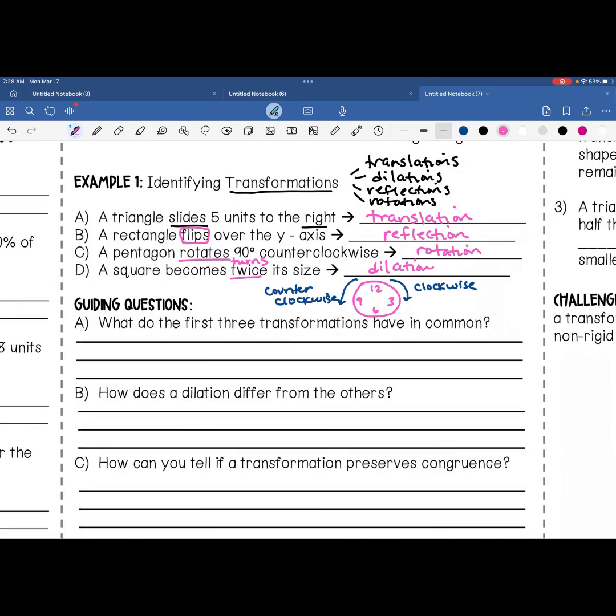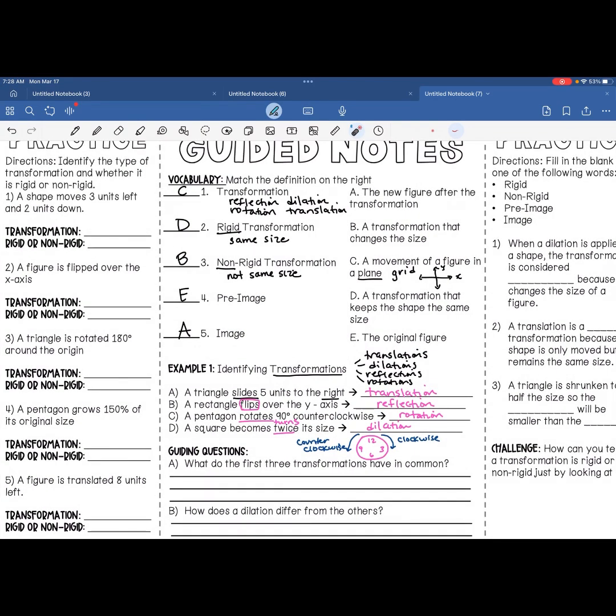So now let's look. What do the first 3 transformations have in common? Well, if we look back to our definitions, we can see that these are not changing size, right?